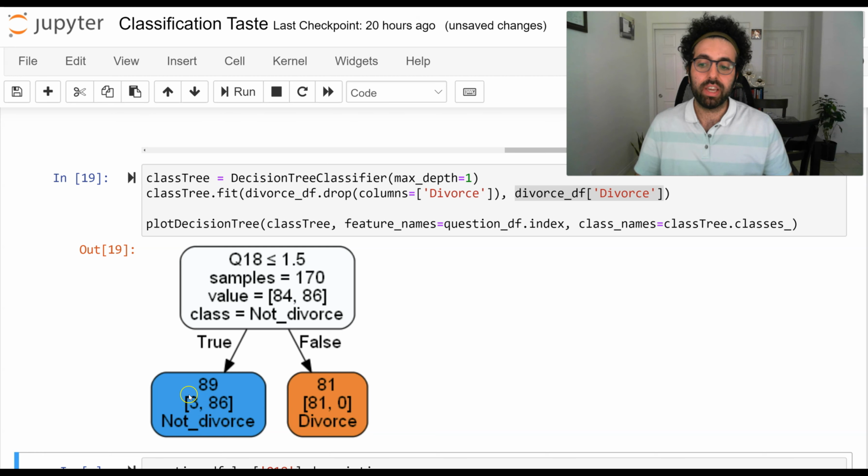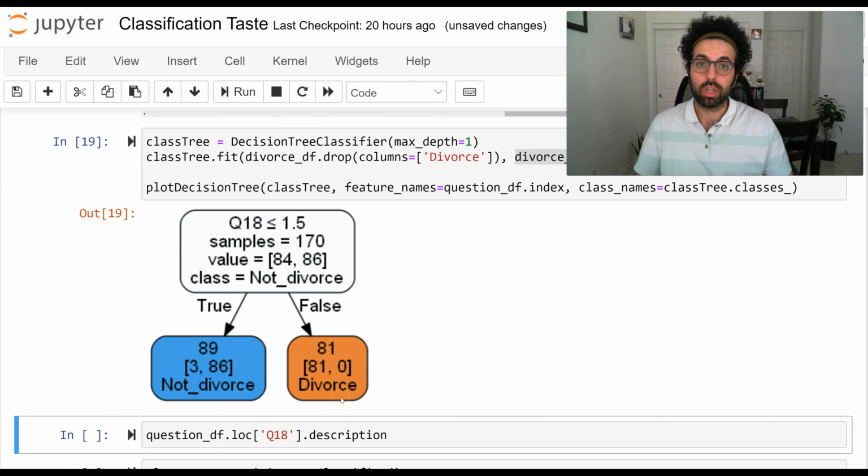You can see 3 cases were not divorced, but 86 cases were. Actually, 3 cases were divorced, but 86 cases were not divorced. And then if the answer to this question was either 2, 3, or 4, then the case was a case of divorce. So now it becomes interesting to see what question 18 is, right?